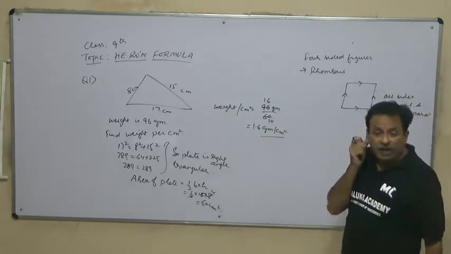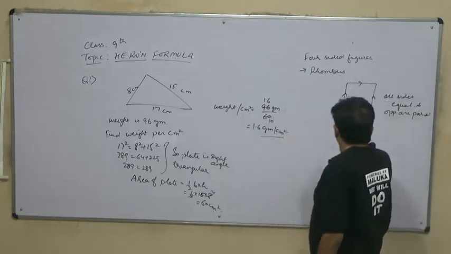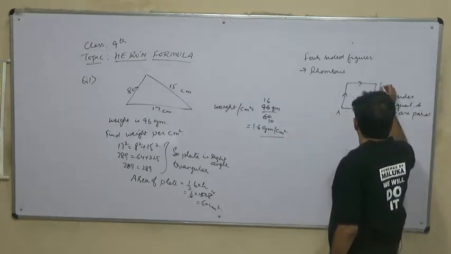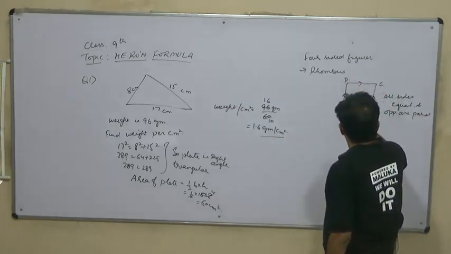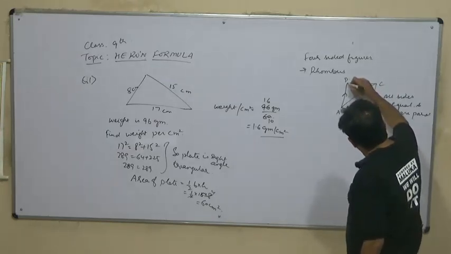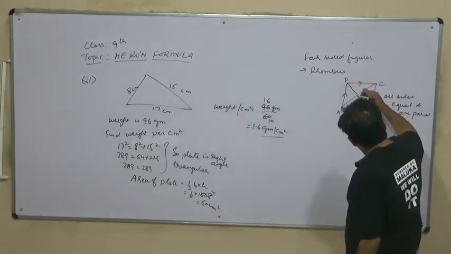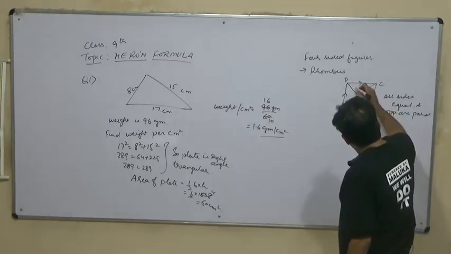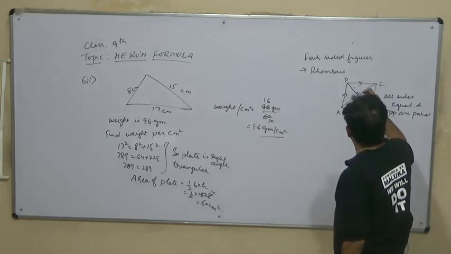And if you want to find the area in this case, what will we do? A, B, C, D. Let us join AC, this is D1. Now drop a perpendicular from this. Let this be H1, this is H2.